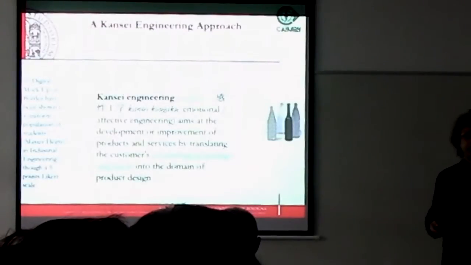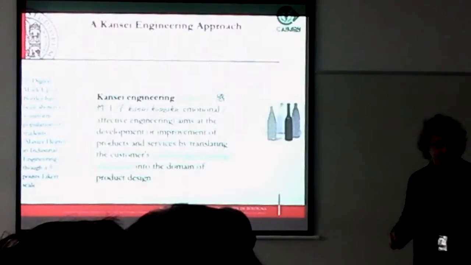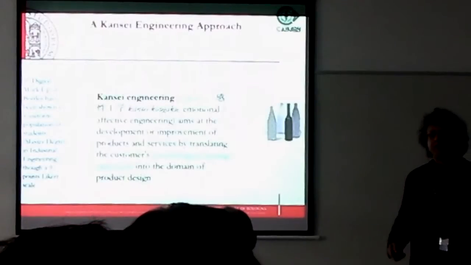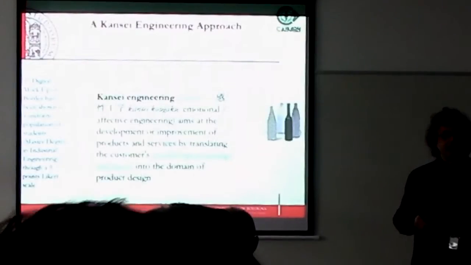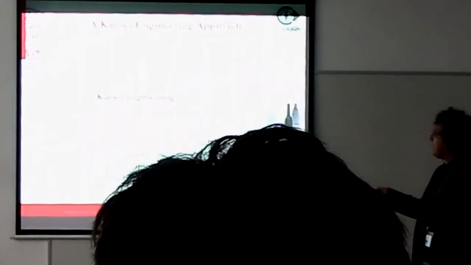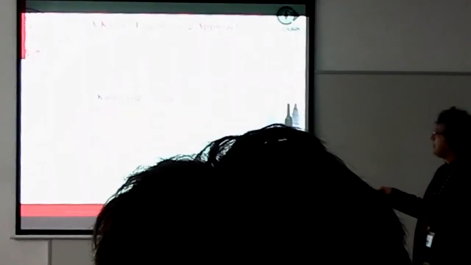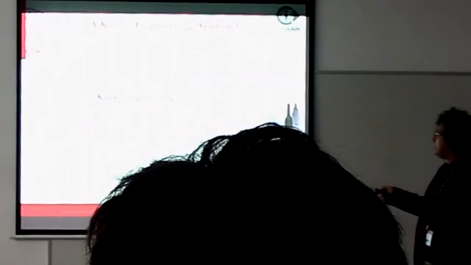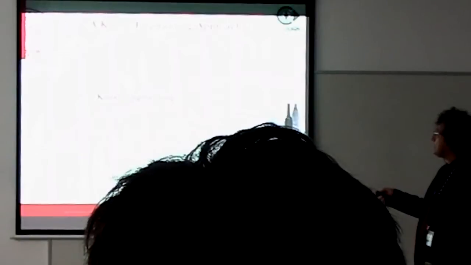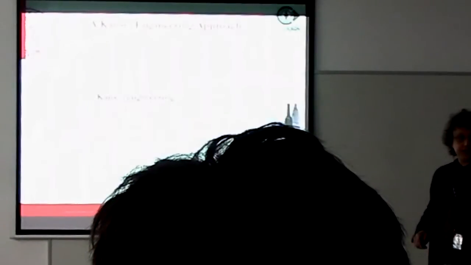Usually you can use, for example, design of experiment, analysis of the variance, and different methods in order to realize this inclusion. We used a number of semantic and antithetical adjective pairs, for example, disposable against lasting, retro against futuristic.